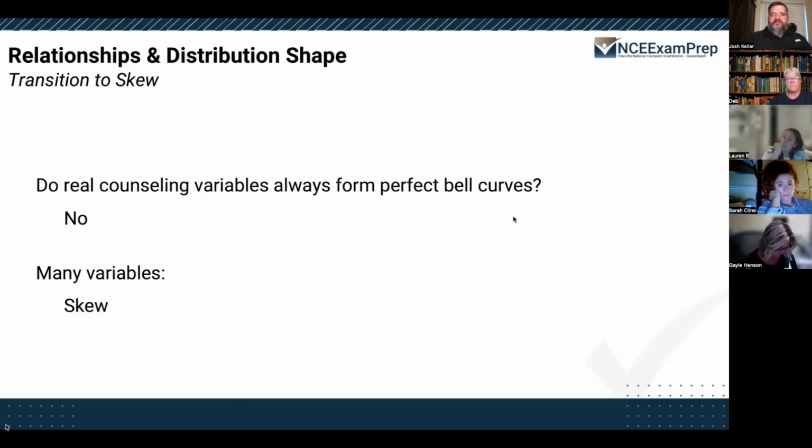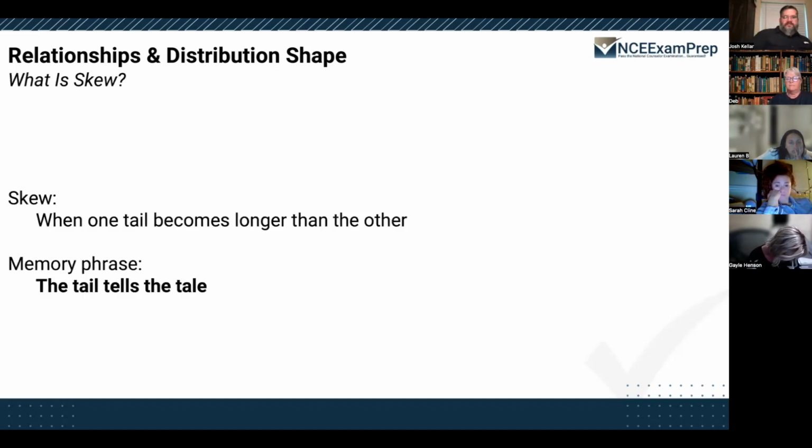So the big question with skew is, do real counting variables always form perfect bell curves? And the answer, of course, is no. Many variables are going to produce skewed results, and we have to know, what do we do when it's skewed, right?